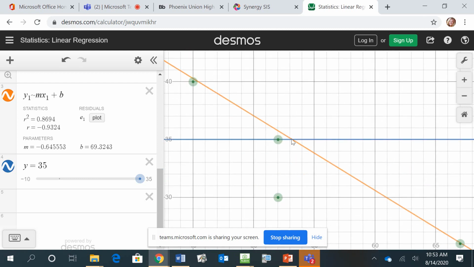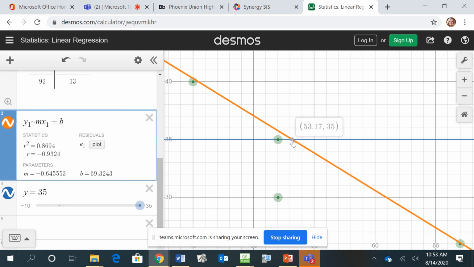I click that and we'll see a point. Remember, the first number is the temperature, the second number is the number of cups of coffee. So when 35 cups of coffee were sold in a specific day, we can predict that day's high temperature was approximately 53 degrees.